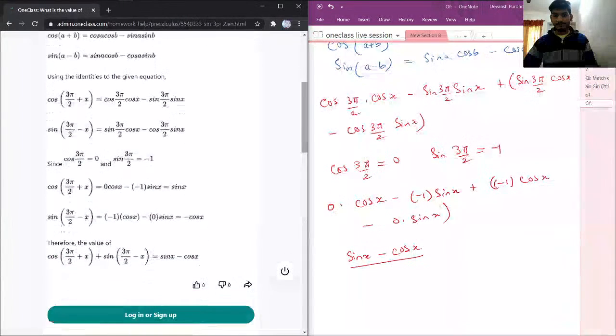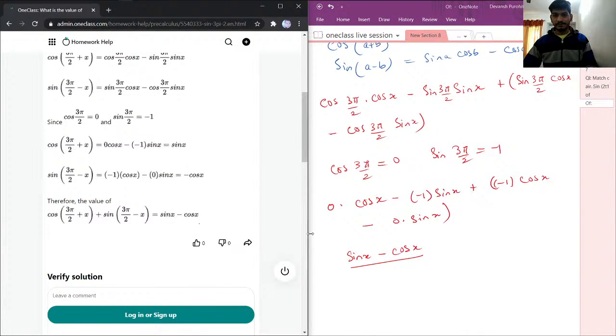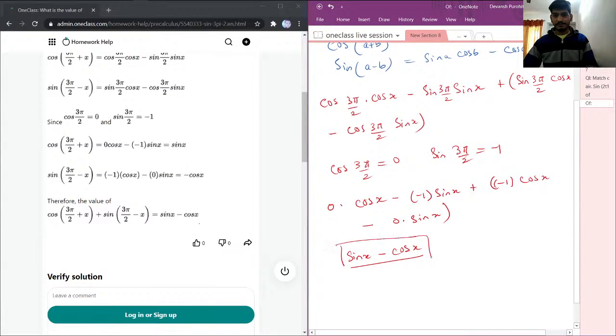Now let's see. Okay, so we'll be ending at this step. It was pretty much easier. We needed to just use the basic trigonometric identities, which is the summation of angles, and we just expanded it using those identities, put in the values, and at last we have sine x minus cosine x.